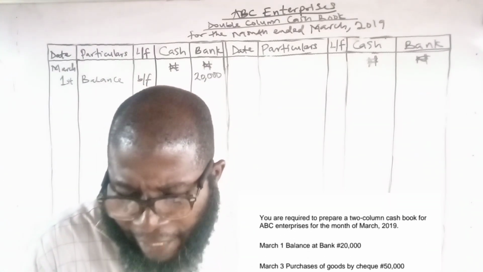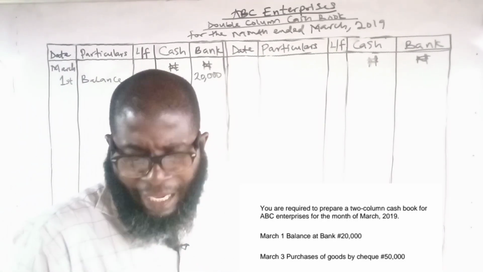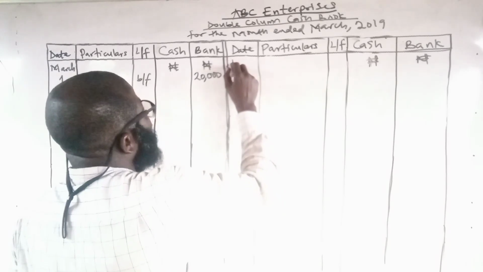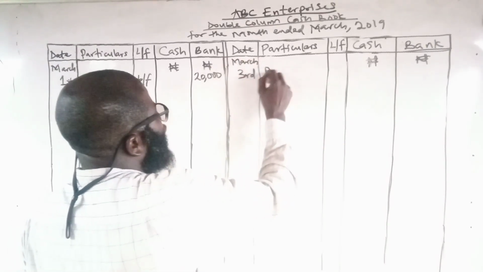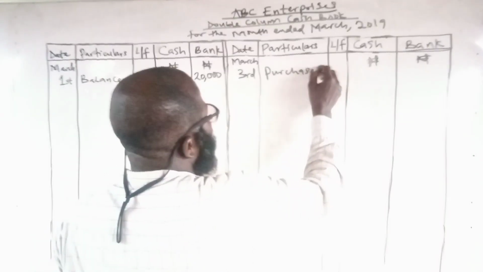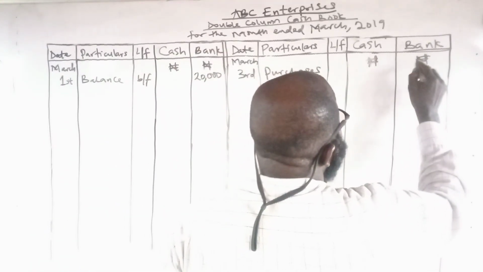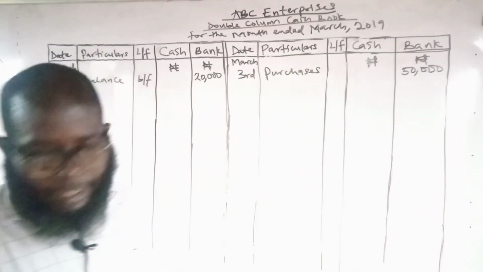Then March 3rd, purchases of goods by check, 50,000 naira. Come here, write March 3rd, put purchases, okay? Then come to where we have the bank column, put 50,000 naira here. It is through check.